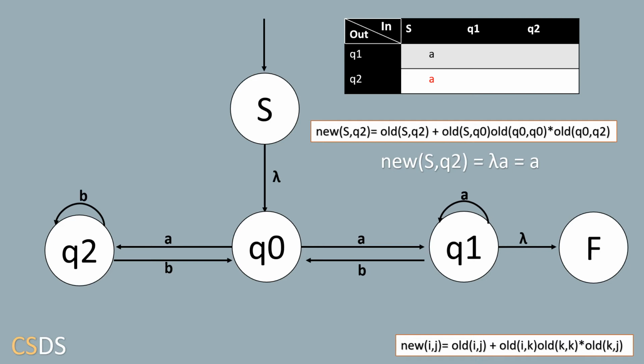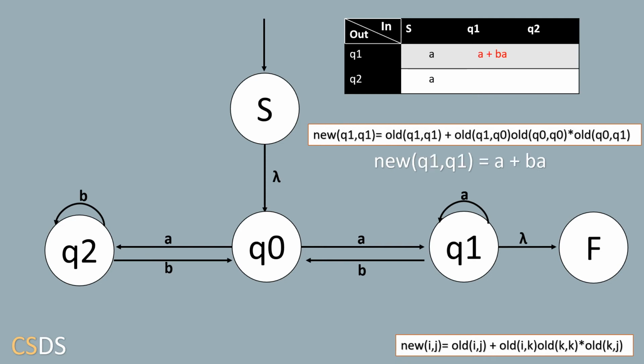That will be followed by the old transition from Q0 to Q2, which is A. So the new transition from S to Q2 is lambda followed by A, and lambda has no meaning here, so the new transition is A.